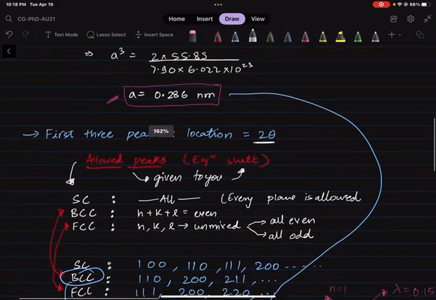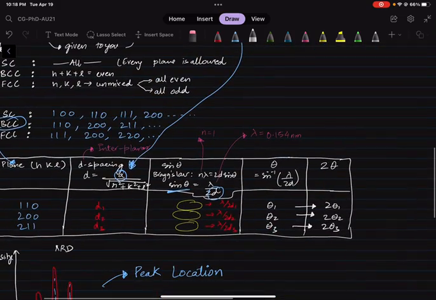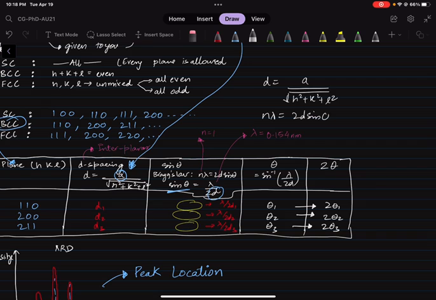And the two formulas that will help you in this table are d equals a over root of h squared plus k squared plus l squared, and then n lambda equals 2d sine theta. Two important formulas that will help you with this question.